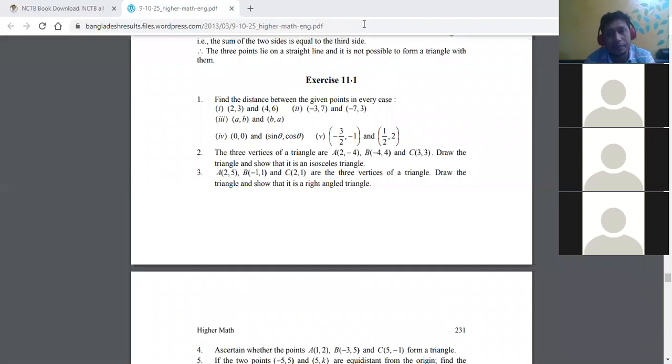Suppose the distance is d. Root over 4 minus 2 whole square plus 6 minus 3 whole square.